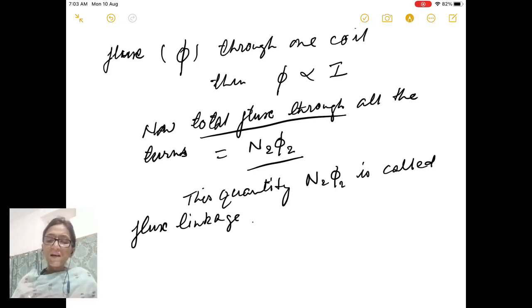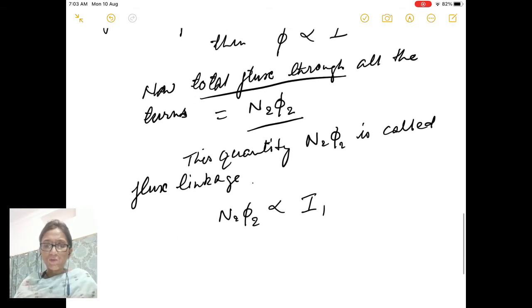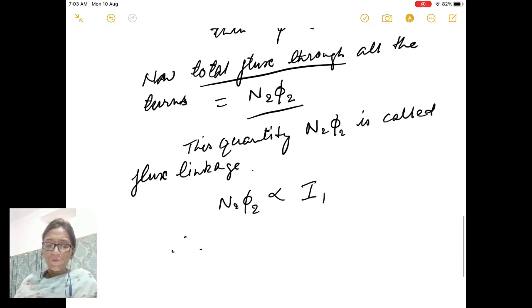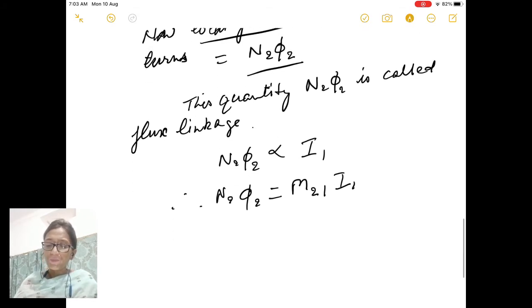So this is your flux linkage, and this will be proportional to the current in primary, current I1. I1 current is flowing through the primary coil. Therefore, N2 phi 2 is equal to M21 times I1, where this is your constant of proportionality.